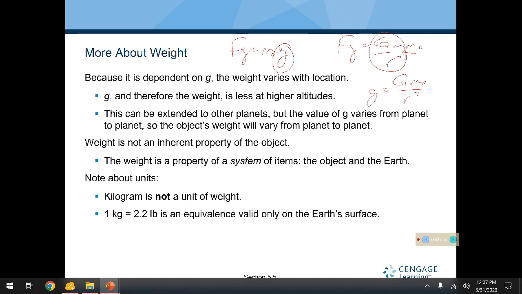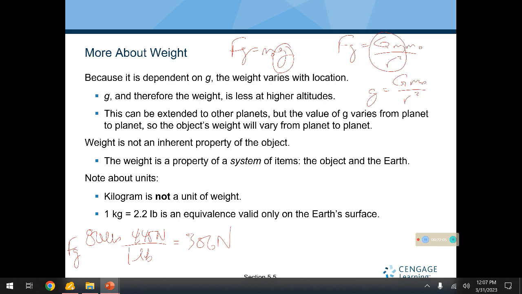The correct conversion from pounds, let's pick something like 80 pounds here on Earth, is to go over to newtons, and 1 pound, previously stated, is 4.45 newtons. So how many newtons is that? 80 times 4.45 is 356. 356 newtons.